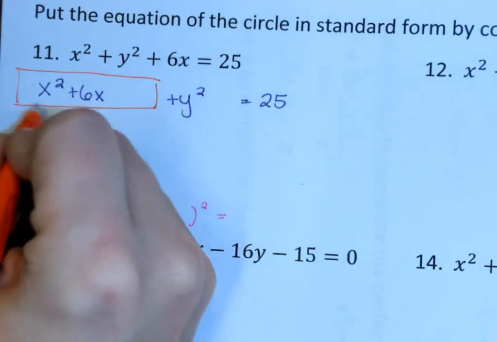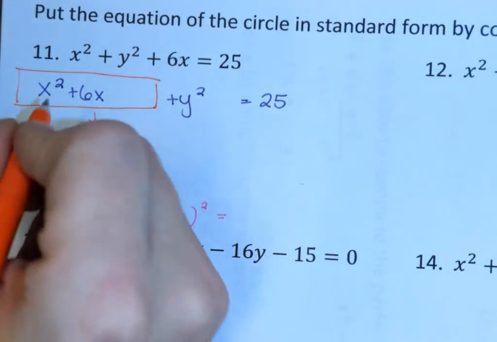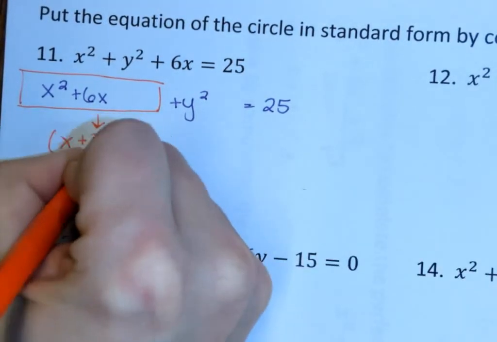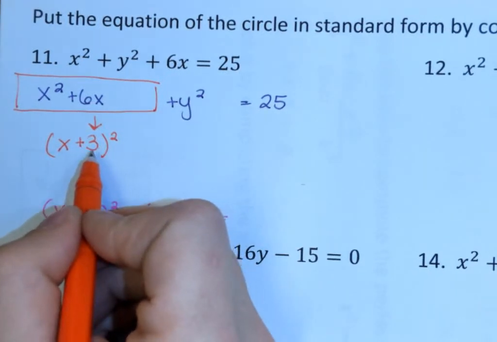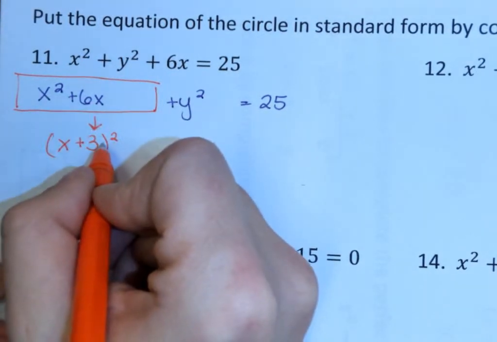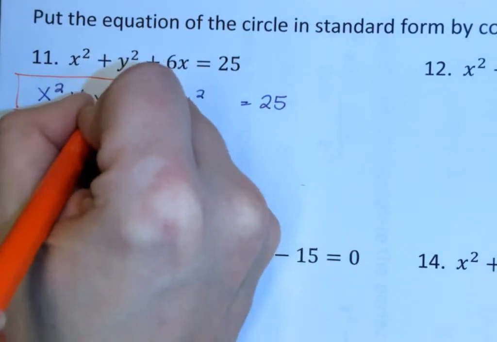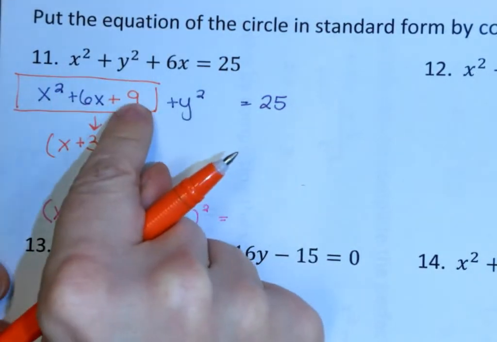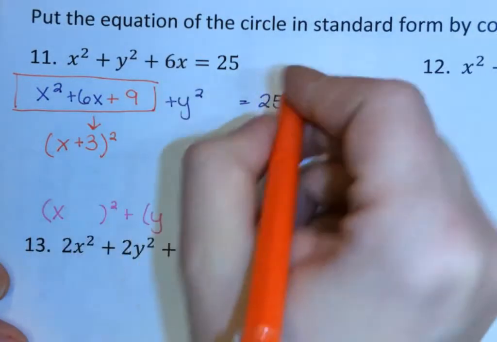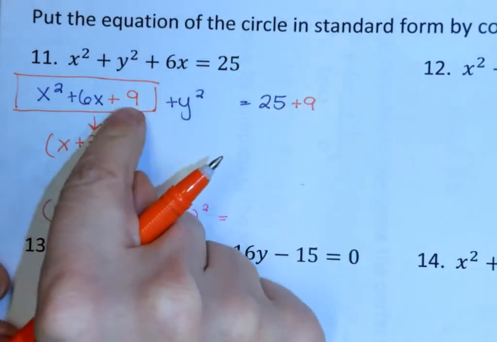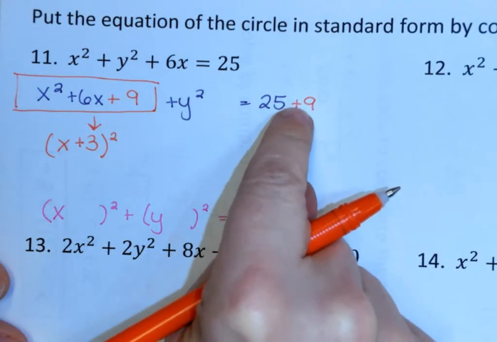What is the square root of this? x. So when I complete the square, I'm going to have x plus 3 squared in parentheses. But what is 3 squared? 9. So I have to add a 9 to, one more time, both sides. Because if I put a 9 over here, I need to balance it out with a 9 over here.